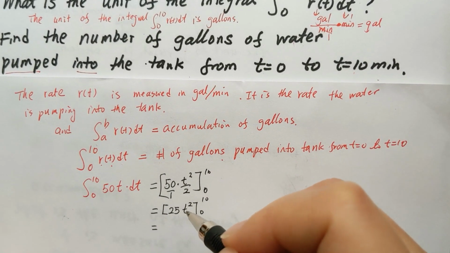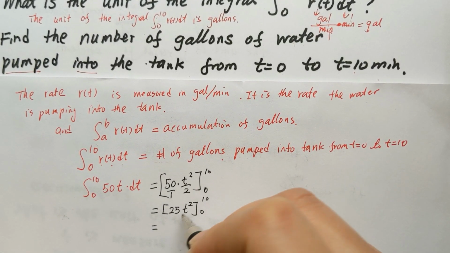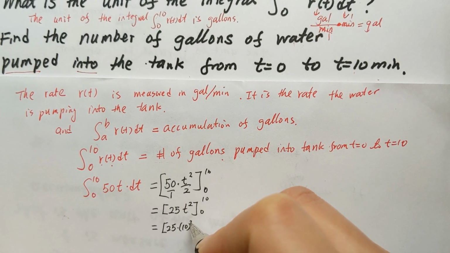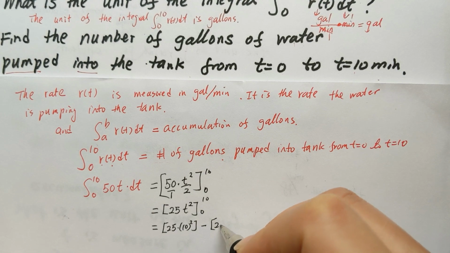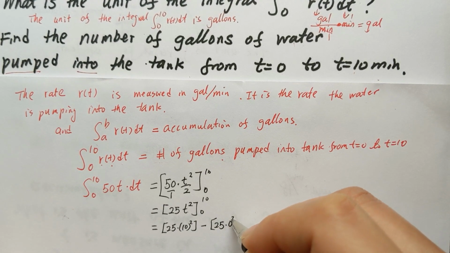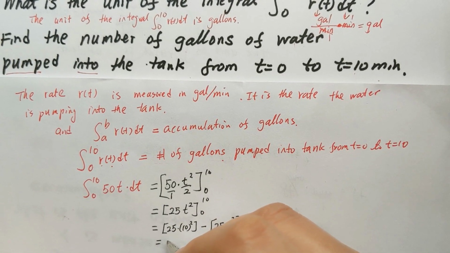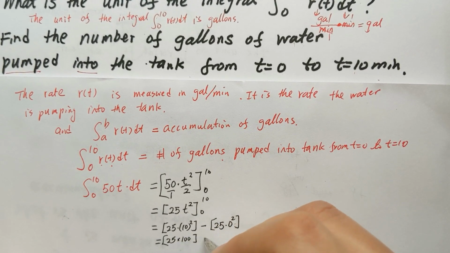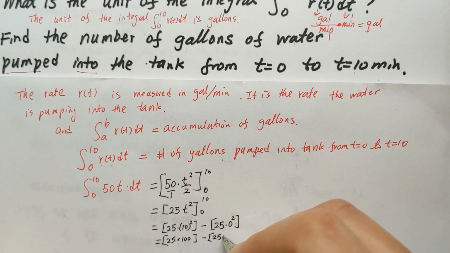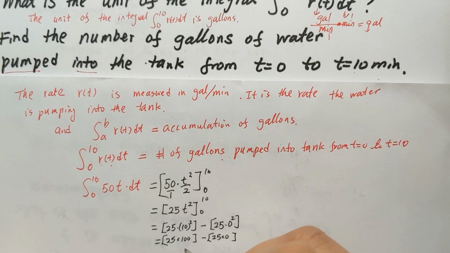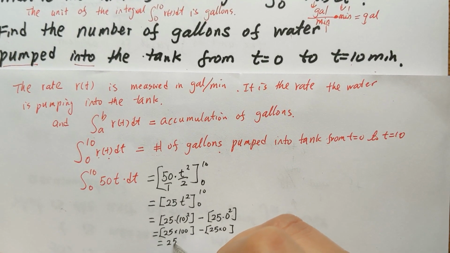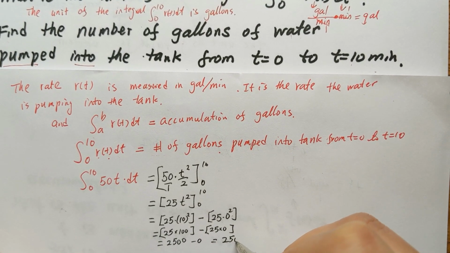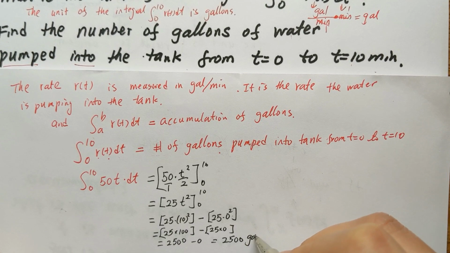And now we are going to substitute 10 into t. So we get 25 times 10 squared minus 25 times 0 squared. Now we get 25 times 100 minus 25 times 0. So now we get 2500 minus 0, which is 2500 gallons.